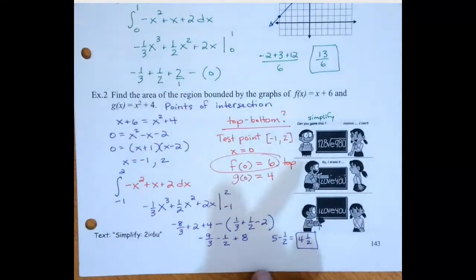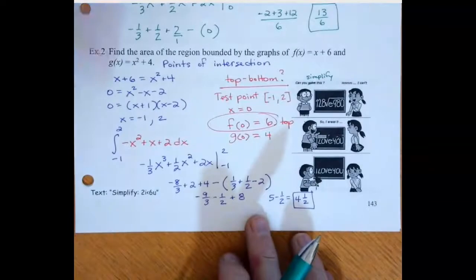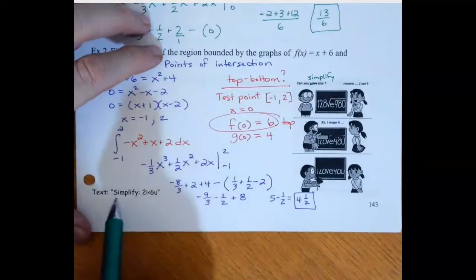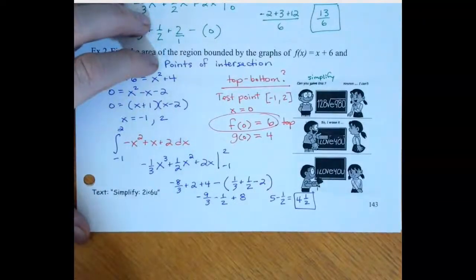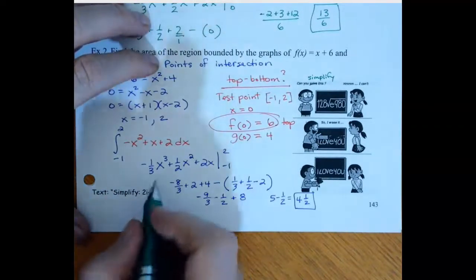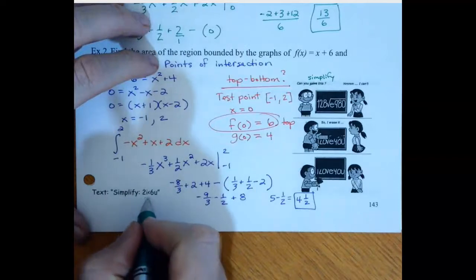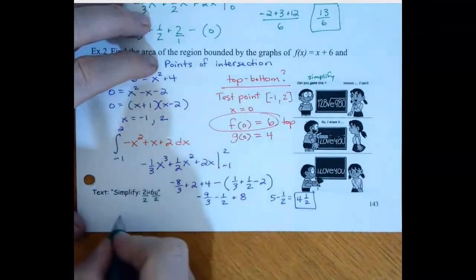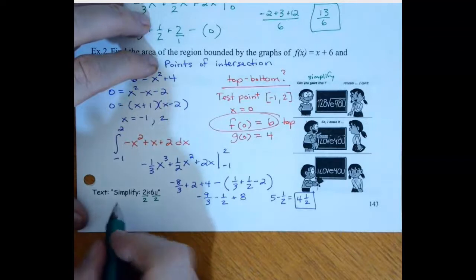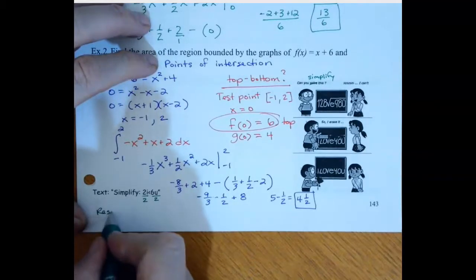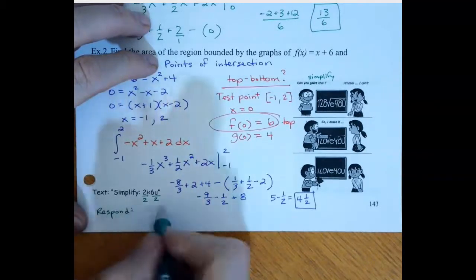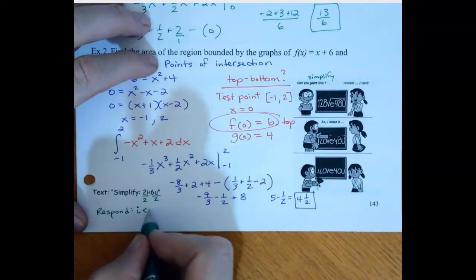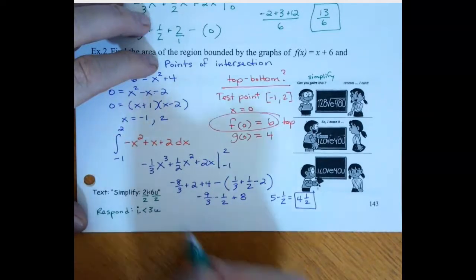Okay. And one more thing you can try. Text this to somebody. And if they can't figure it out, then maybe you should choose somebody new. Anyway, if you text that to them, then maybe they will divide both sides by 2, and then maybe they will respond, I is less than 3u.